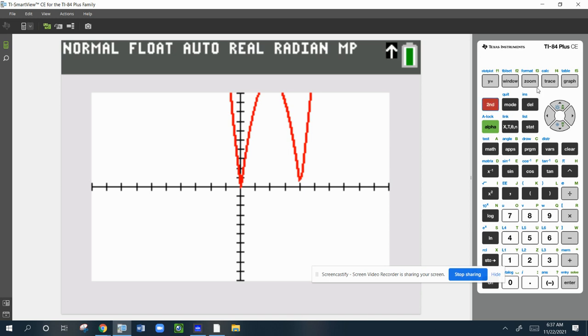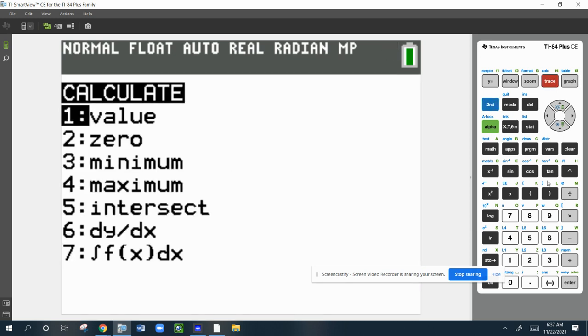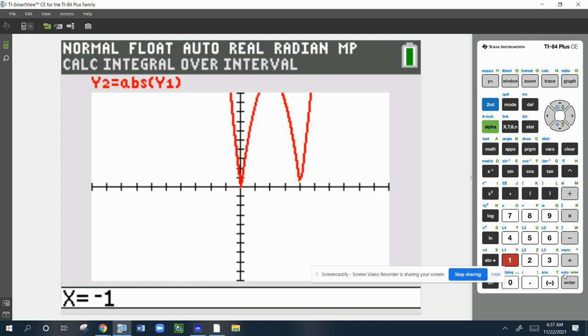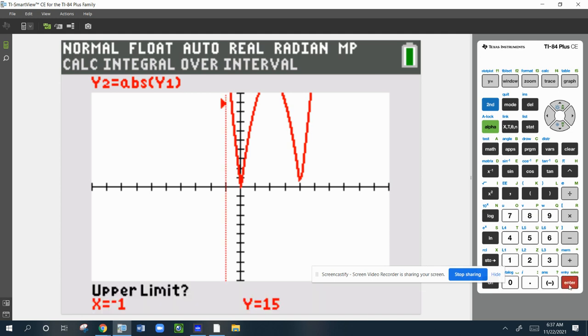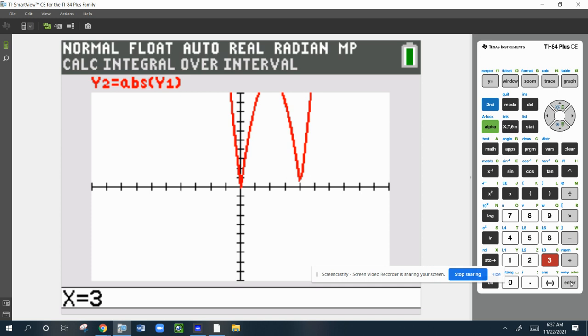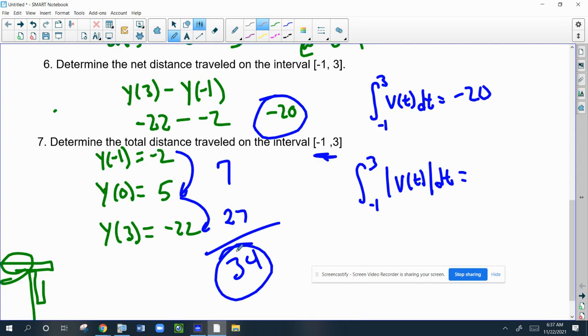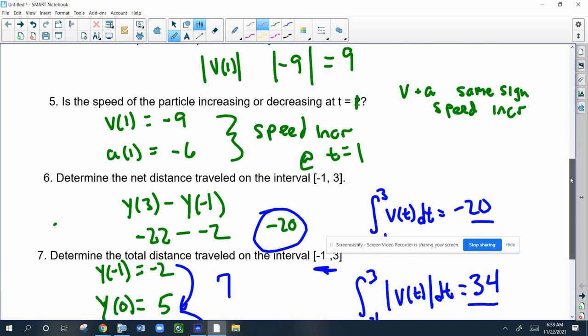Now I'm going to hit second calc integral again, from -1 to 3 again, so -1, enter for the lower limit, 3 for the upper limit, and it gives me a final answer of positive 34, which we knew. So that was a really quick way to do it. You're going to be studying integrals very shortly, so it's not a bad habit to get into right now, being able to do this on your calculator.